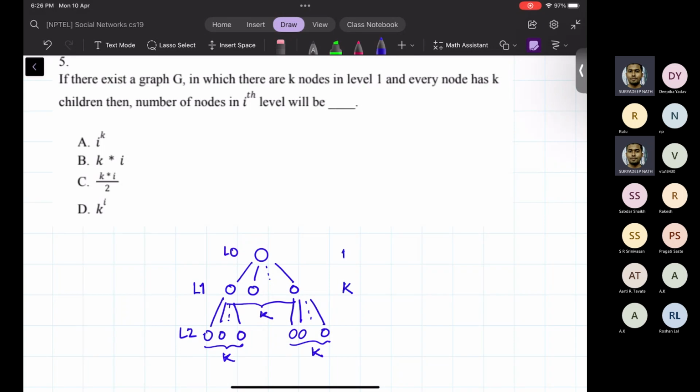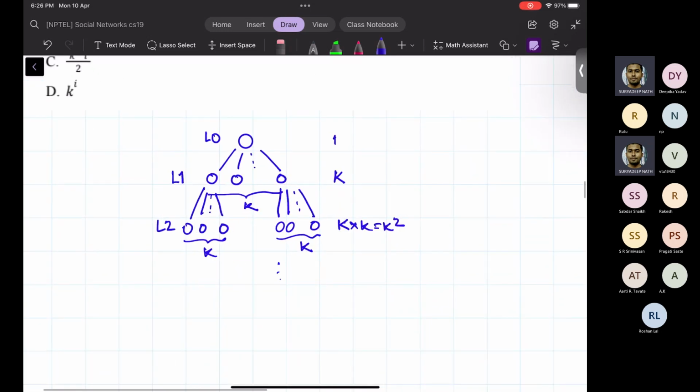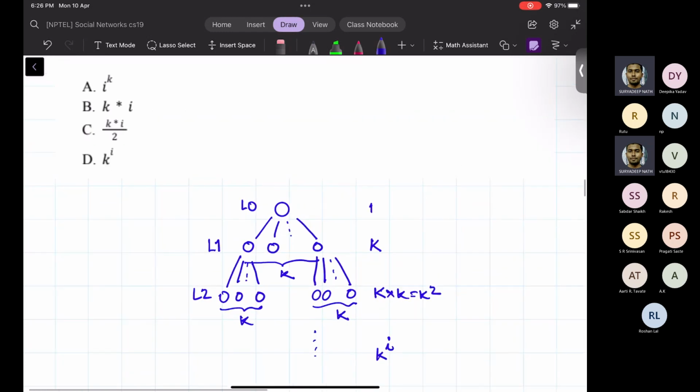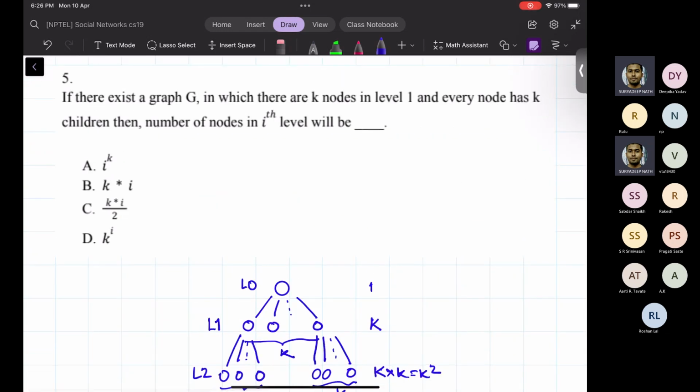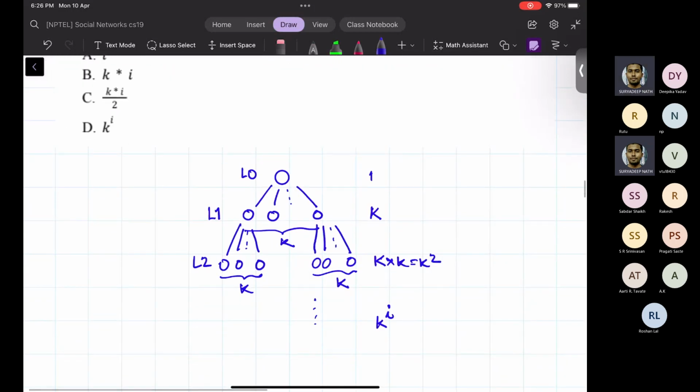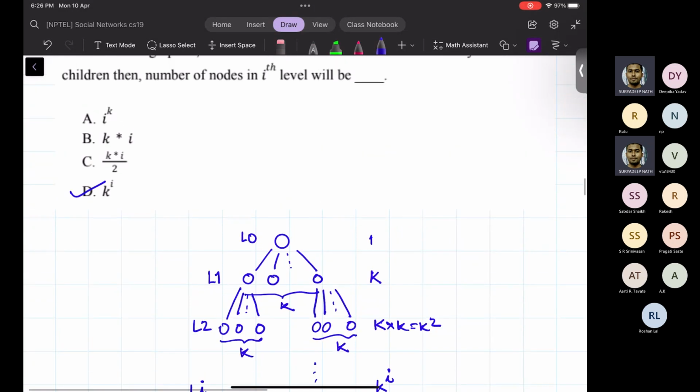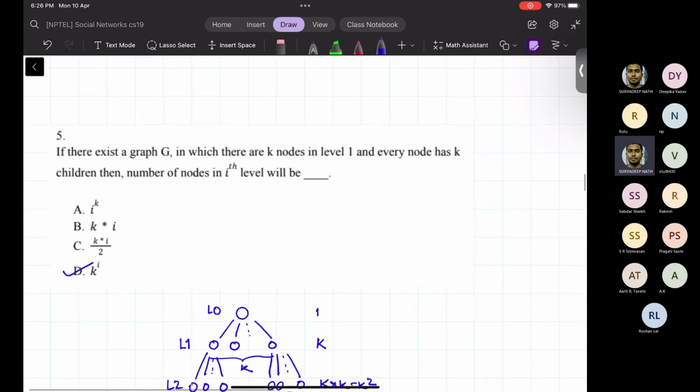In level 1 it is k. In level 2 it becomes k into k, that is k square. And if you carry on, you will see that it becomes k to the power i. So the number of nodes in the ith level would be k to the power i, an exponentially growing function.